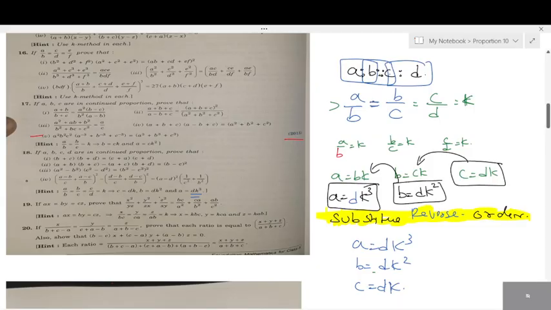Will you try the last question, all of you? Last one. Try the last one. Skip the other three questions. It's going to be the same. We'll do it tomorrow.